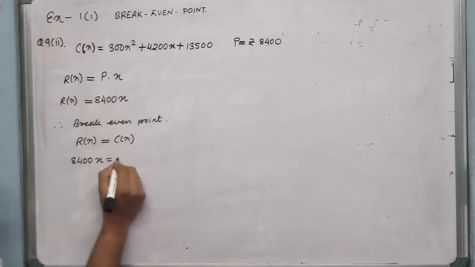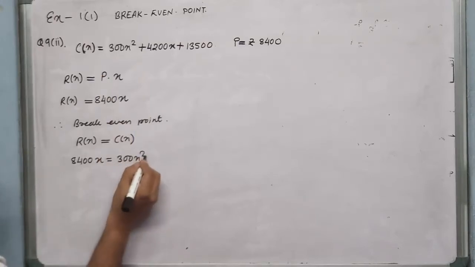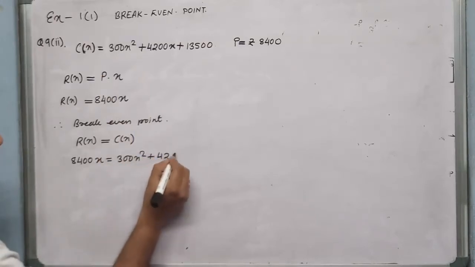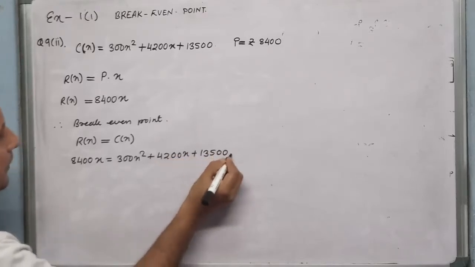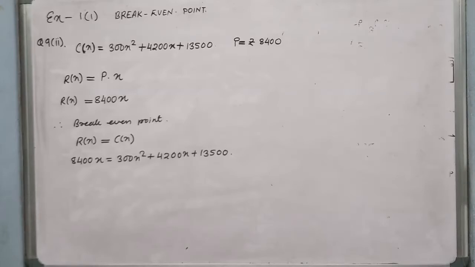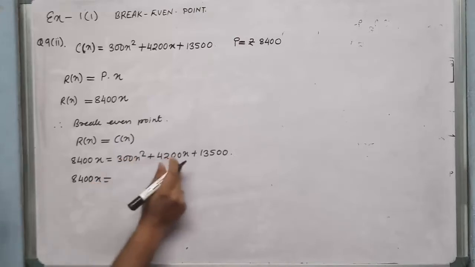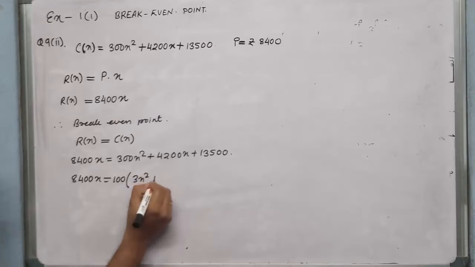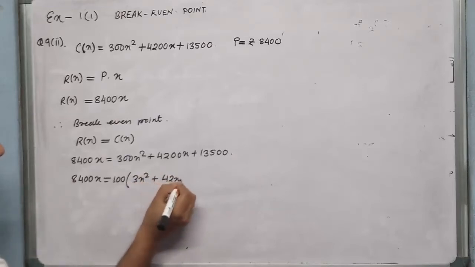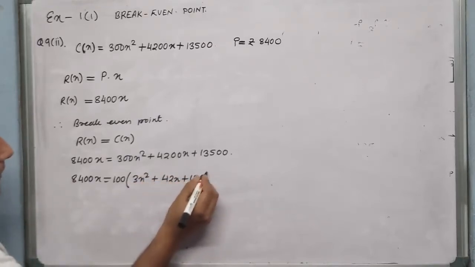The cost function is this one: 300x square plus 4200x plus 13500. Now to make it easy, I'll take 100 common from this expression. It will be 3x square plus 42x plus 135.